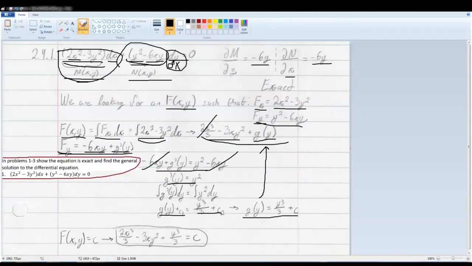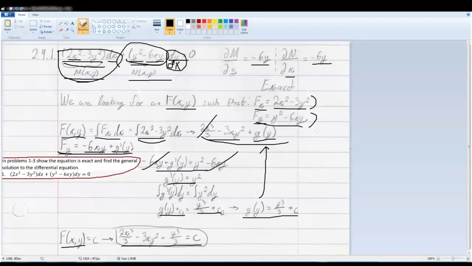We move the constant to the other side of the equal sign, and we have our f of x comma y equals this. Now, there isn't really an easy way to simplify that, so there's also not an easy way to check your answer, other than if you take the derivative of this in terms of x, it's going to be this. And if you take the derivative in terms of y, it's going to be this.